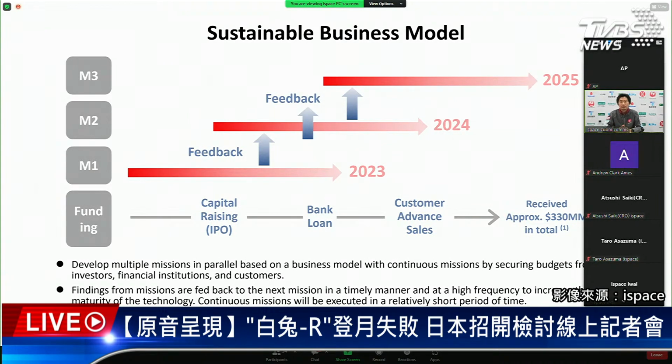In order to sustain the development of these 3 missions, we have been raising a large amount of money from capital raising, bank loans, and customers' advance sales. And we have a great basis of financial background. With this background, we continue to develop Mission 2 and Mission 3 as we planned.